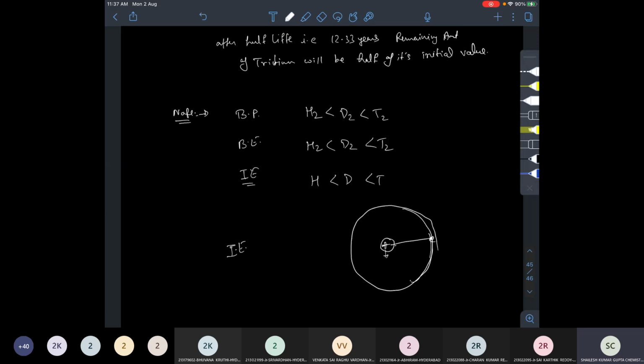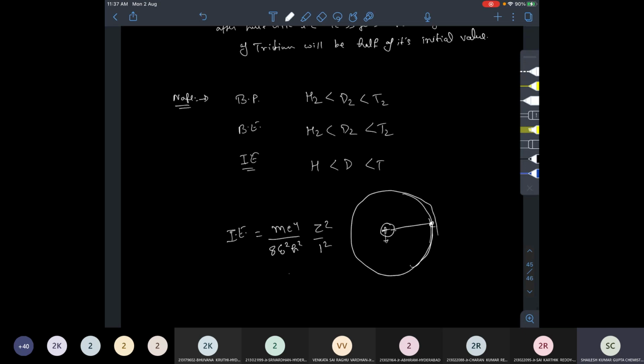In that case, the ionization energy derivation is me to the power 4 upon 8 epsilon 0 square h square into z square by n square. N square means 1 square, right? So is that the expression that you guys have studied? And all of these, if you just simply write it down, that will be 13.6 into z square, if it is ionized from n=1, and that too for the hydrogen-like species.